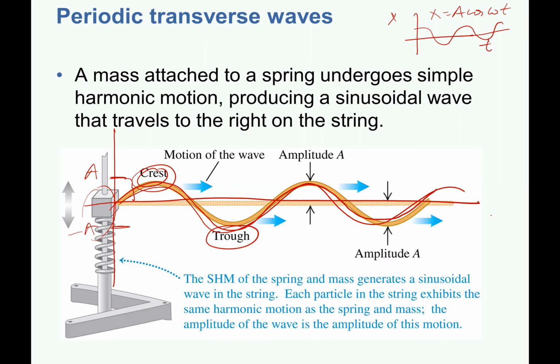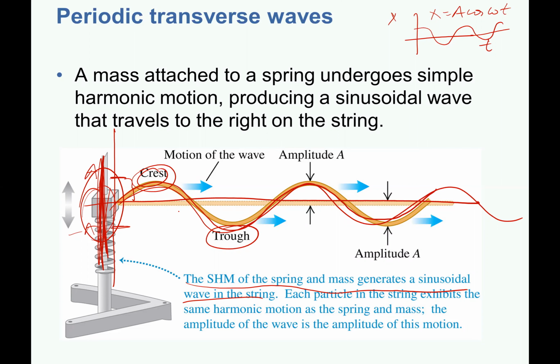Then the wave repeats that shape, sinusoidally. So the simple harmonic motion of the spring and mass generates sinusoidal waves in the string, okay? That means this oscillator moves in simple harmonic motion up and down, and that generates transverse mechanical waves in the string that it is attached to.